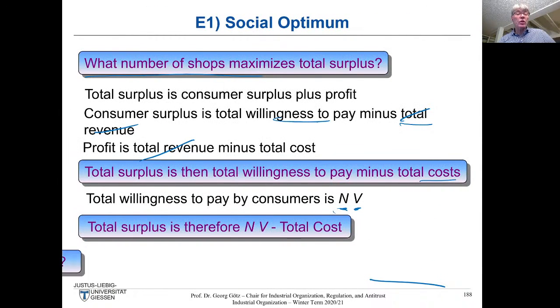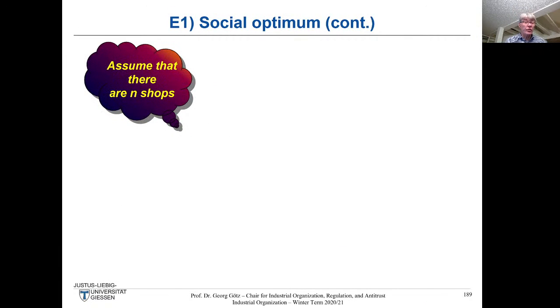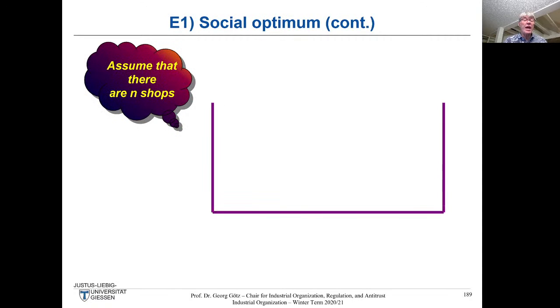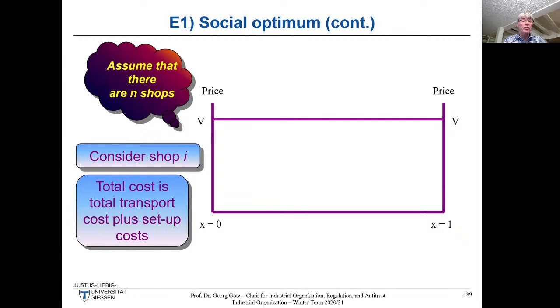And what is total cost? Total cost for the social planner, if there are n shops, of course, we have n times the fixed cost. Okay, setup cost is clear, n times the fixed cost, but what are the transport costs we have?